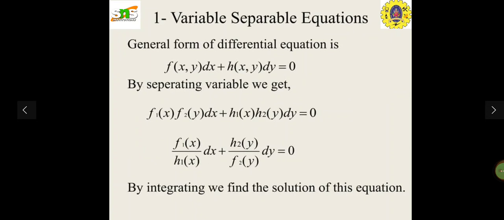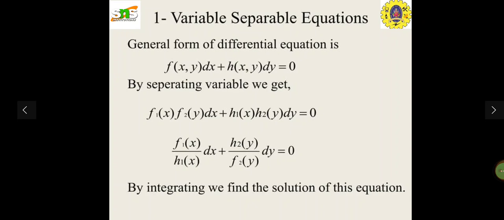General form of differential equation is f of x comma y dx plus h of x comma y dy equal to 0. Here on using the variable separable method, we can separate the variables and write them together. So first, f of x comma y can be separated as f1 of x into f2 of y, and here h of x comma y can be separated as h1 of x and h2 of y, dy equal to 0.